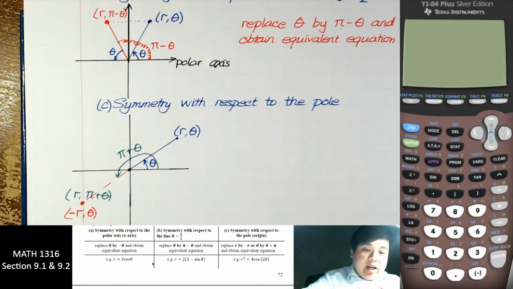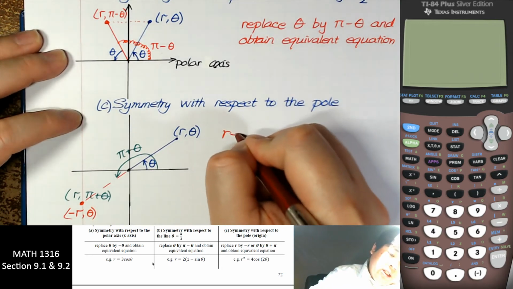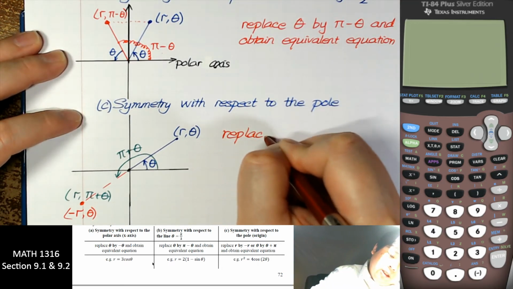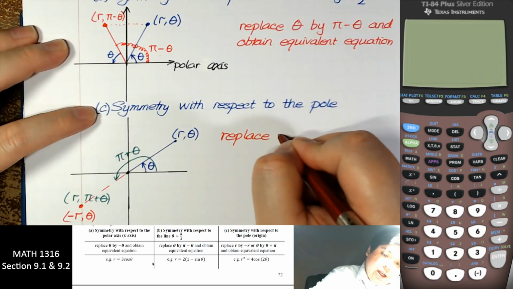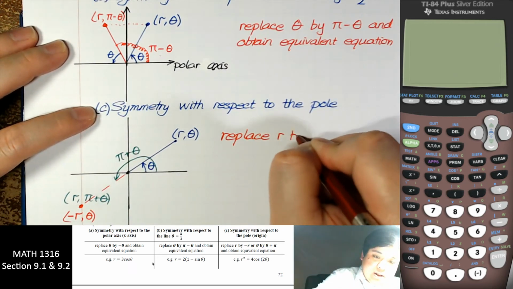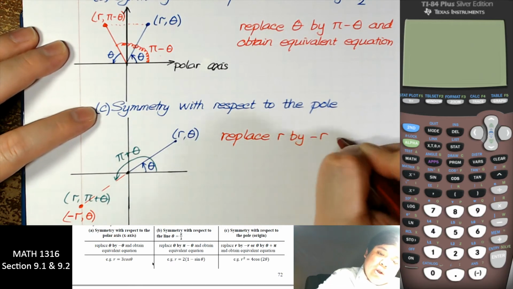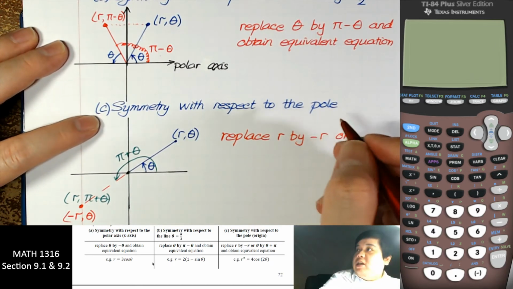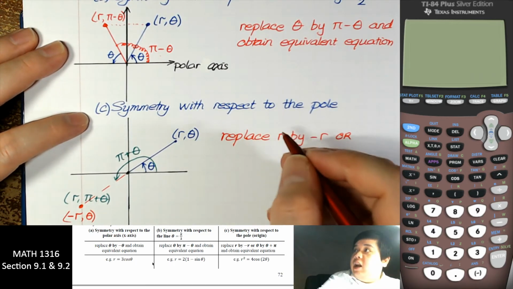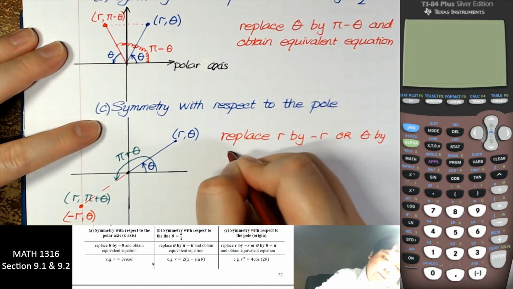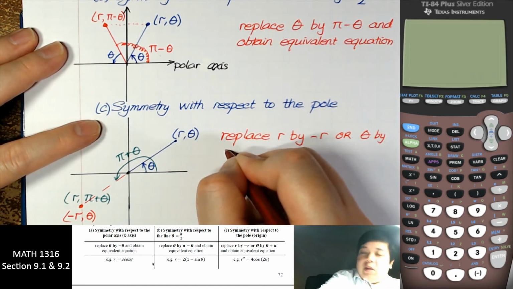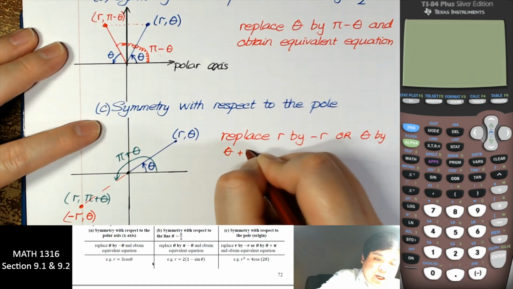So in order to get that, we replace r by negative r, or replace theta by theta plus pi.